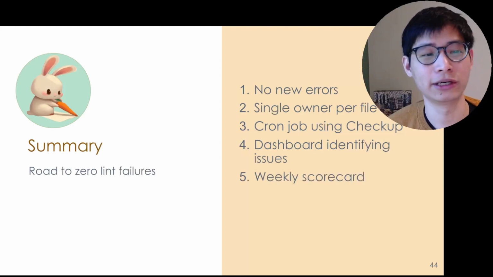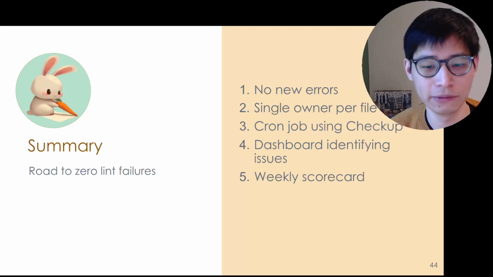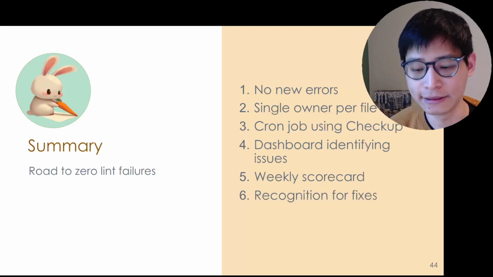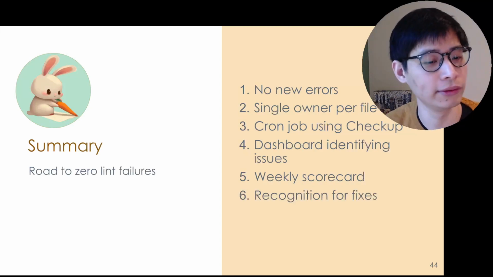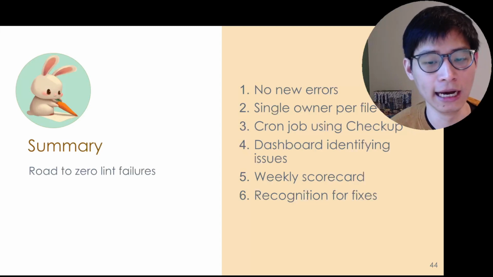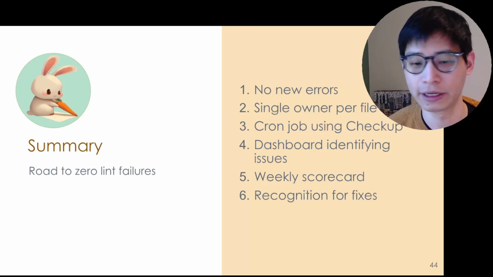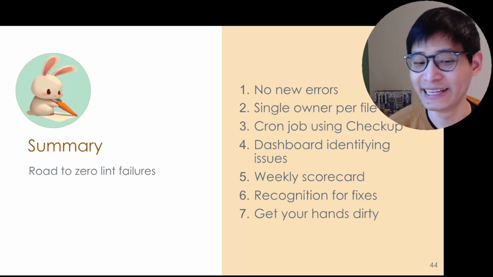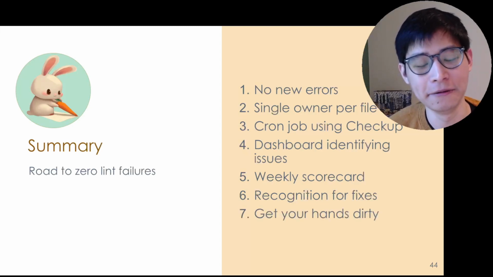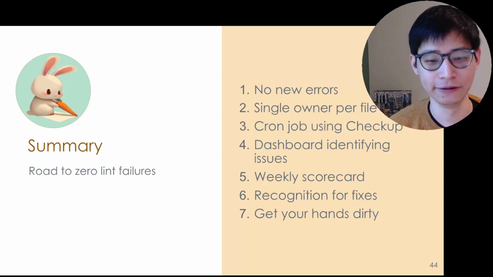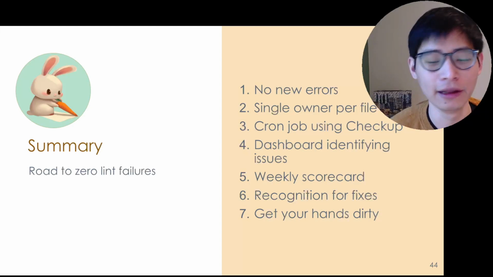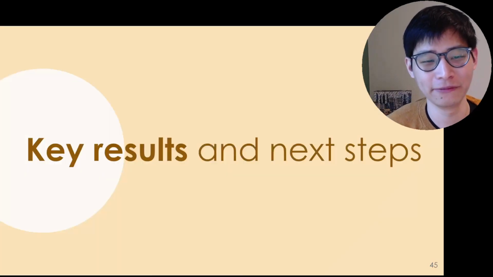And we have a weekly scorecard to make sure every team is accountable. In this scorecard, we give a lot of recognition for particular fixes rather than general team recognition. And like I said, get your hands dirty. You lead by example and make sure you fix a lot of lint failures for the team.